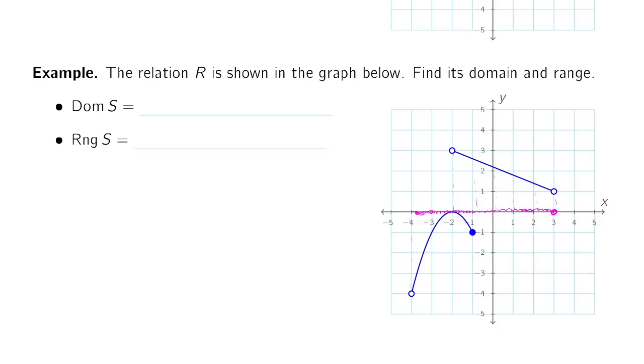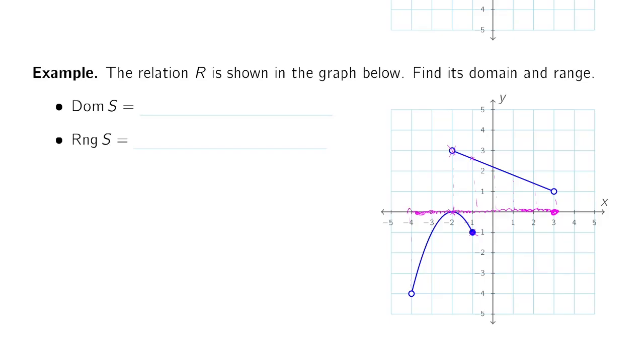So 3, there's no point that actually projects to 3, so we have an empty dot at 3. -1, both of these points project to -1, so there's no issue with -1. -2, we have an empty dot here, but we have a point on the graph here, so -2 is going to be part of the domain.